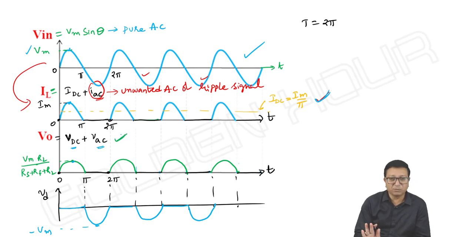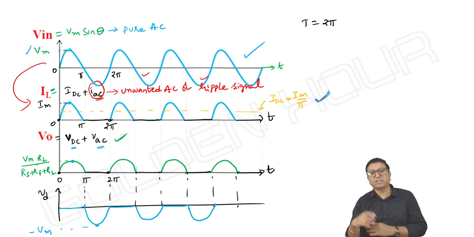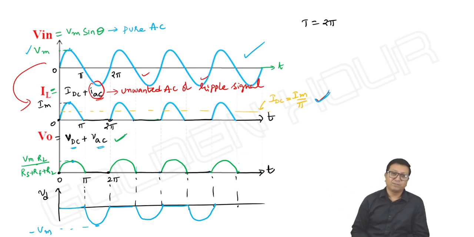The AC component is invisible, to be frank. If you want to find it, again we have to use a Fourier series expansion, etc. It's very lengthy. Without knowing the AC component, we could calculate its RMS value, VAC or VRMS dash, IRMS dash. Let it be. So here the ripple frequency means the frequency of this unwanted component.